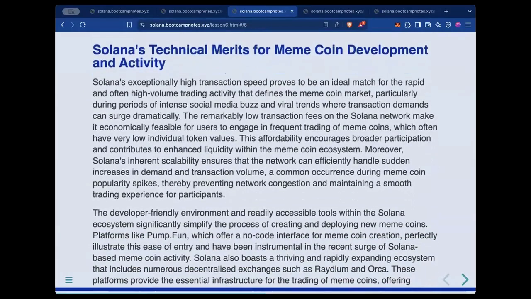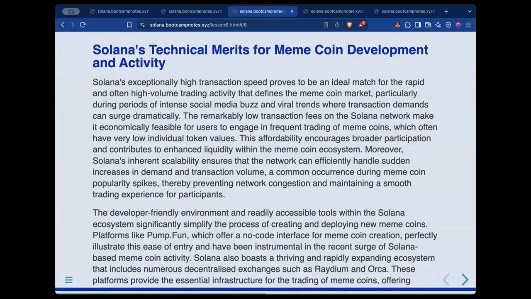I think the reason that Solana has been a place where you see a lot of activity is because of the scalability of Solana, the fact that people can trade these very quickly. It's not the type of thing where people would be wanting to hold these over a long time, and where people wouldn't be concerned about transacting quickly.